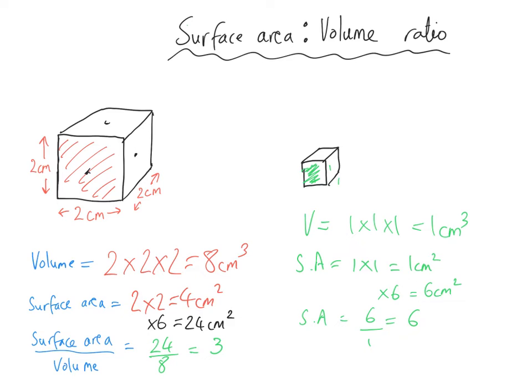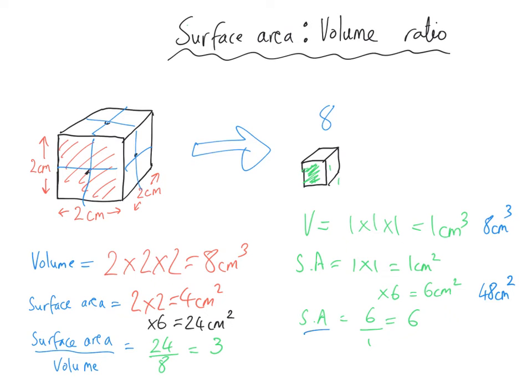Now, that's relevant even though this smaller cube is smaller. If we look at how many cubes would fit inside, if we got this big cube and we split it up into pieces, we would end up with 8 of these little cubes. And so the total volume, in fact, wouldn't be 1, it would be 8 cubic centimetres. The total surface area wouldn't be 6 centimetres squared, it would be 8 multiplied by 6 centimetres squared, which is 48 square centimetres.